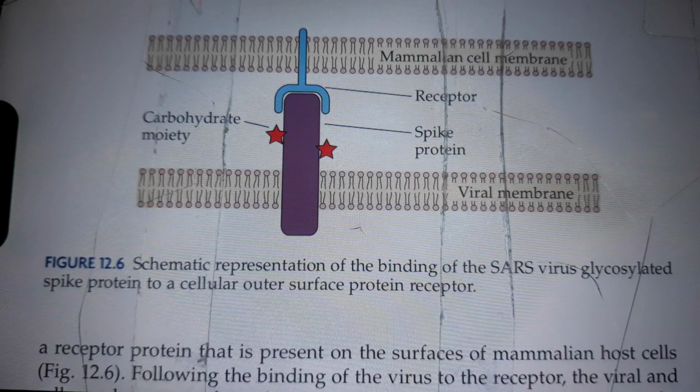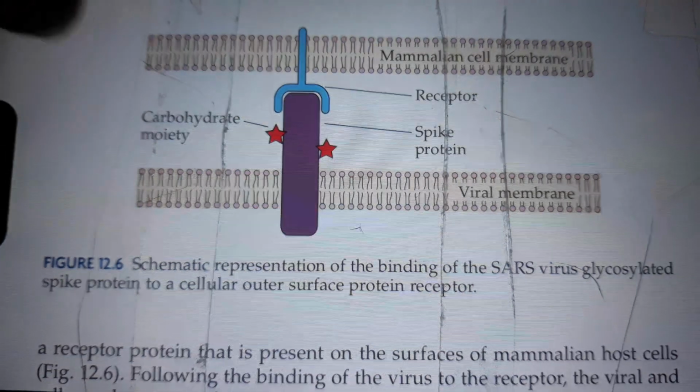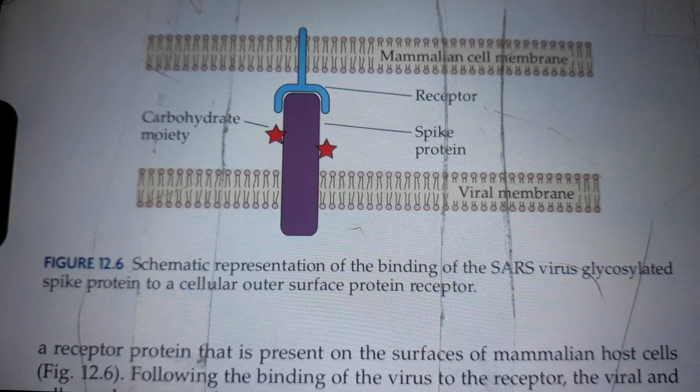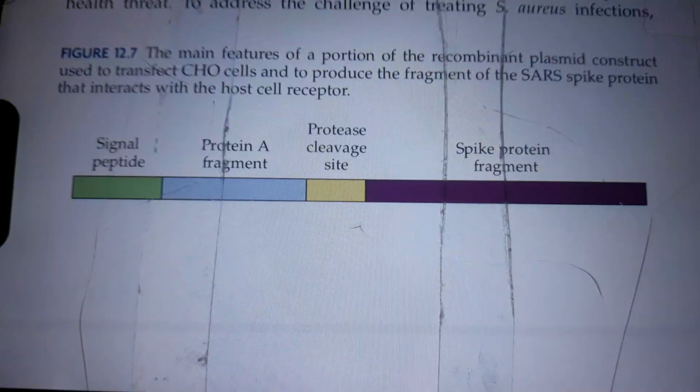Schematic representation, this is in figure 12.6, schematic representation of the binding of the SARS virus glycosylated spike protein to a cellular outer surface protein receptor. You have the mammalian cell membrane and you have the viral membrane. In between you have the carbohydrate moiety, the receptor there, a spike protein there, right? So take a screenshot, make notes.